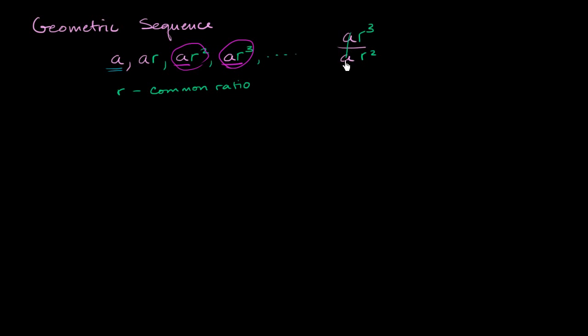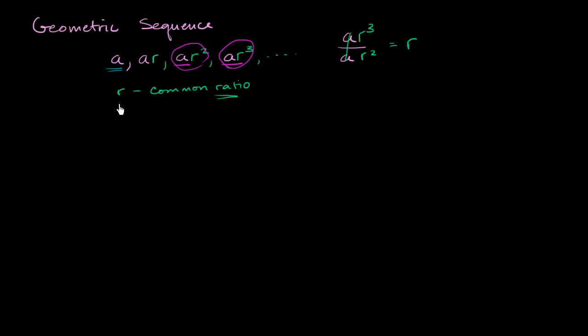Well, a divided by a is 1, and r to the third divided by r squared is just going to be r. And this is true if you divide any term by the term before it. The ratio between any term and the term before it is going to be r. And so that's why it's called a common ratio.